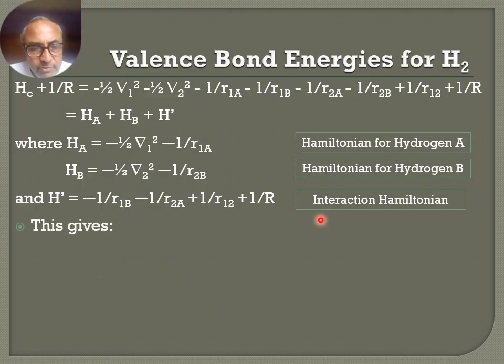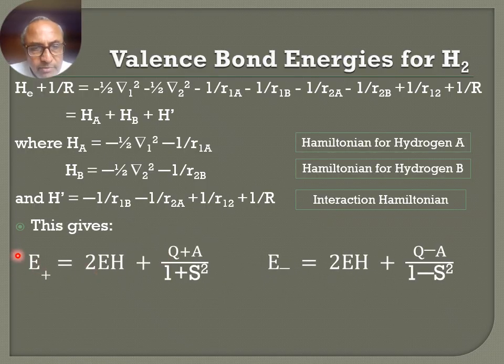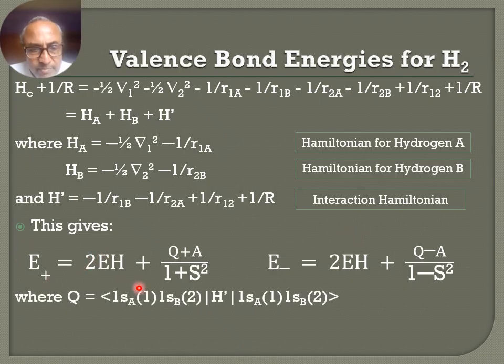And this gives E plus, the energy for the symmetric combination, equal to 2EH plus Q plus A by 1 plus A squared, and E minus, the energy for the antisymmetric combination, equal to 2EH plus Q minus A by 1 minus A squared, where EH is the energy of the hydrogen atom.